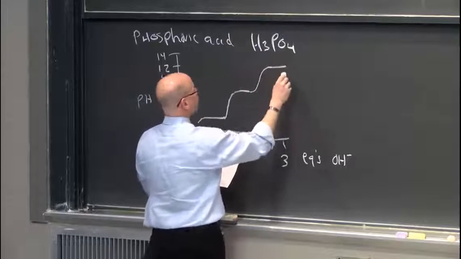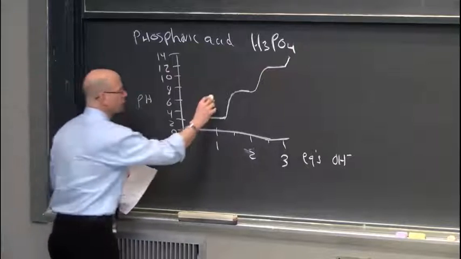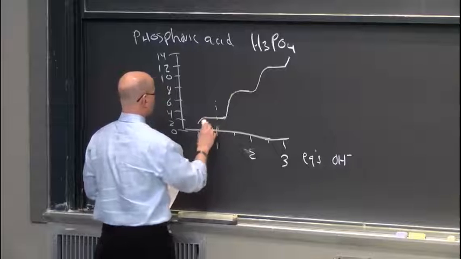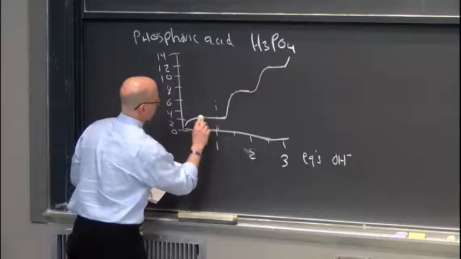I get a curve that looks like this. Clearly, it looks like there are 3 points. Sorry, I drew this wrong. Let me draw it a little bit better. That's a little better.